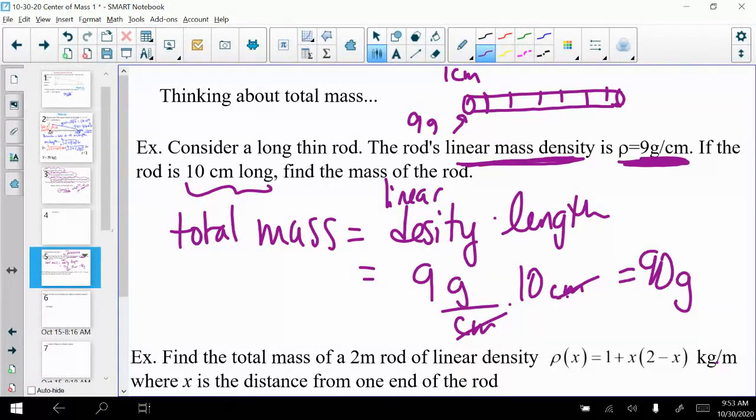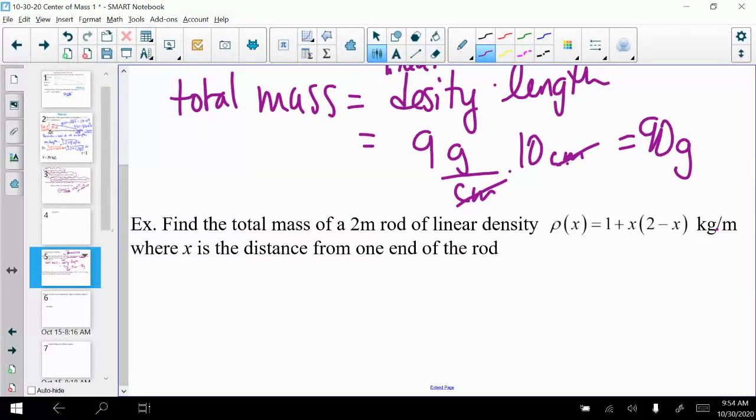Okay? Easy peasy. Just the idea behind it is that we get our total mass by finding the density times the length, right?